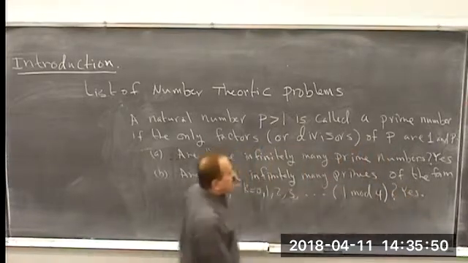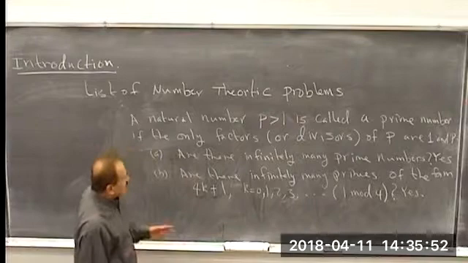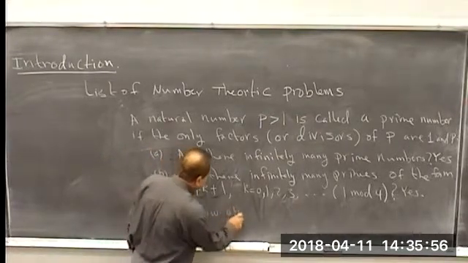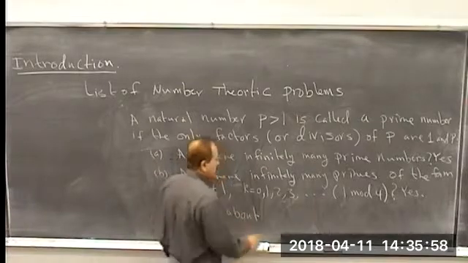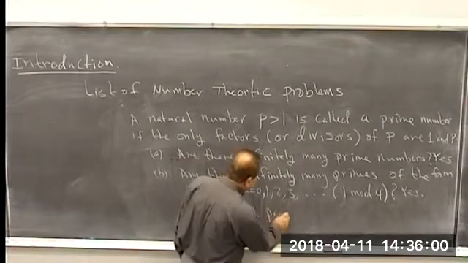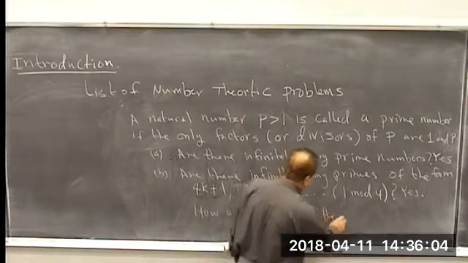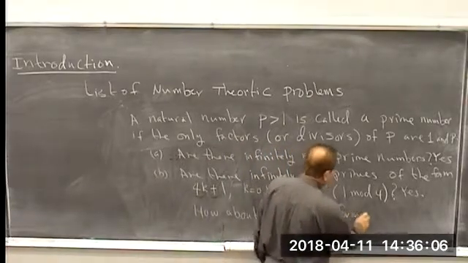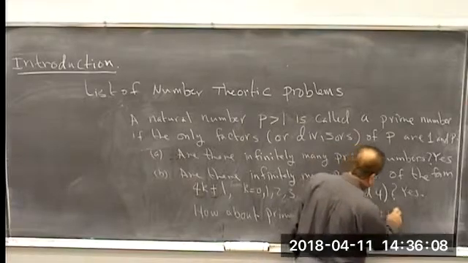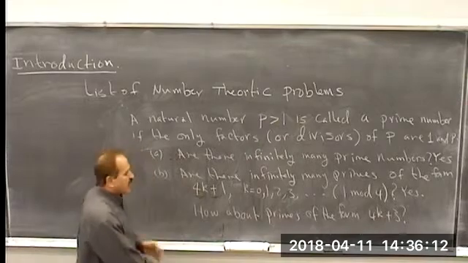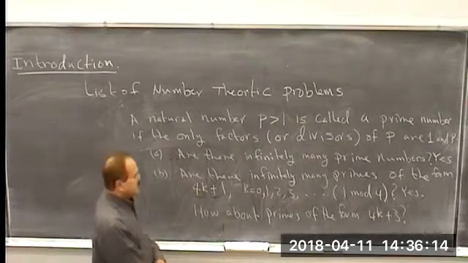And again, we're going to prove this. Another question, how about primes of this form, 4k plus 3? In other words, those numbers which are 3 mod 4.